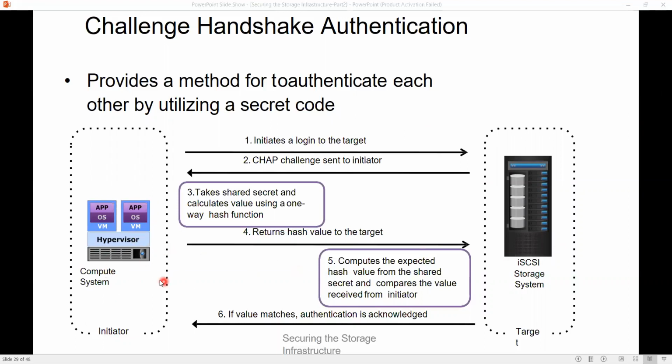So the initiator will send the CHAP challenge to the target, right? And the target will have its shared key, and it will apply the hash function using the MD5 algorithm, and then it will compute the hash value. That hash value will be sent back to the initiator, and then the acknowledgement is sent, right? So that is the two-way authentication, when the initiator and target also want to authenticate each other in the process.